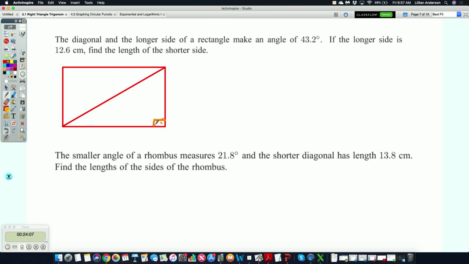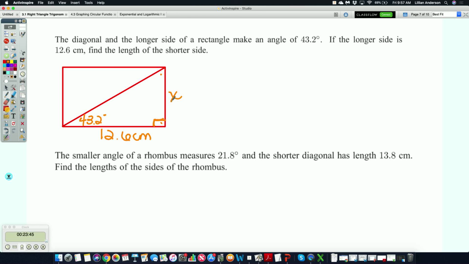Okay. Would it go here? It's the shorter side of the diagonal, so that means it has to go here. Yes? Okay. Now it says that the longer side is 12.6 centimeters, so then that means that this will be 12.6. And it's asking me to find the length of the shorter side, which is this.